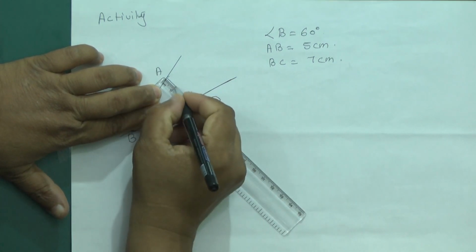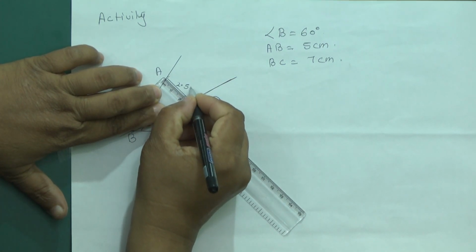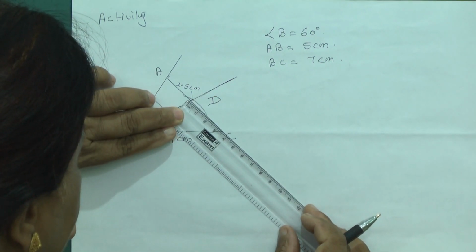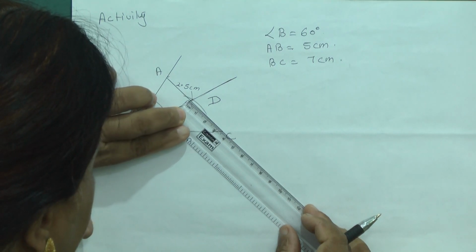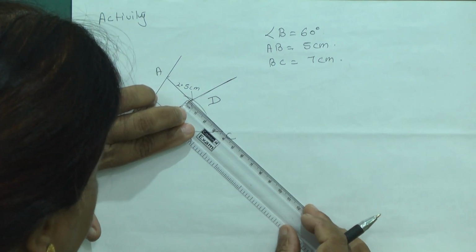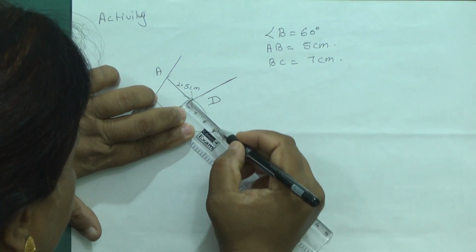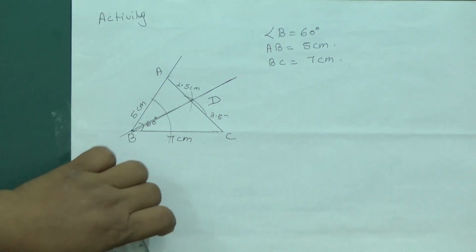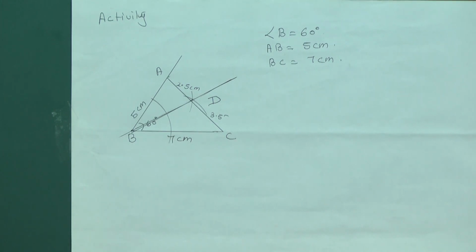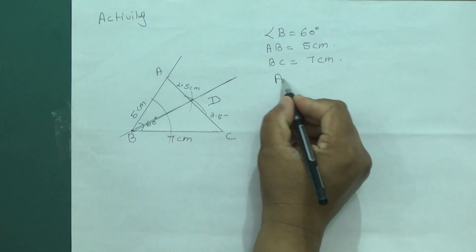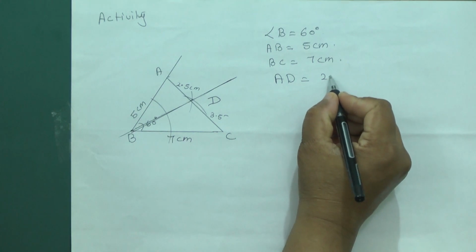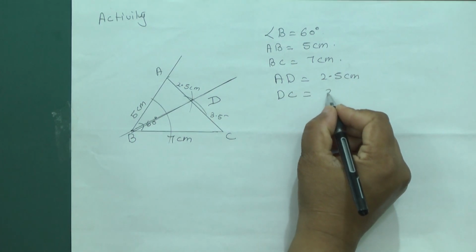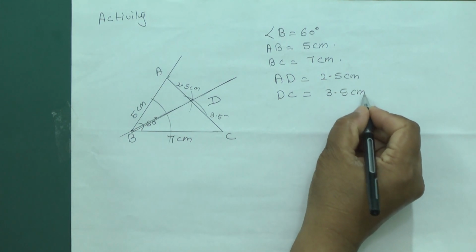See, exactly, it is 2.5 centimeter and DC is 3.5, children. See, 1, 2, 3, 3.5. So let us write it here. AD is equal to 2.5 centimeter and DC is equal to 3.5 centimeter.